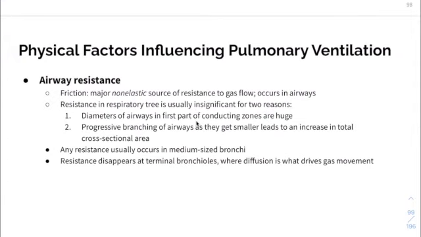Airway resistance is the pressure difference and resistance of air flowing in and out of our lungs. Airflow is going to equal the pressure difference between the alveoli and the atmosphere divided by resistance.